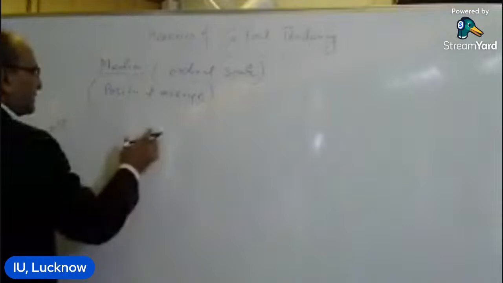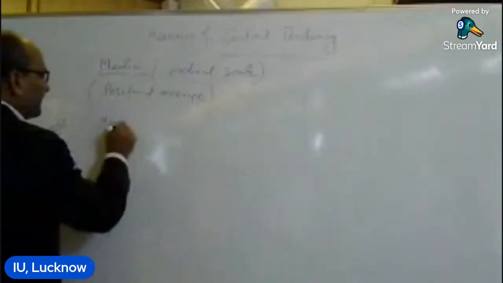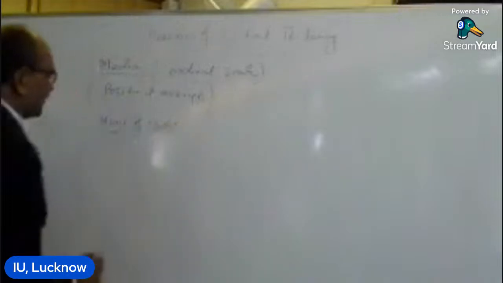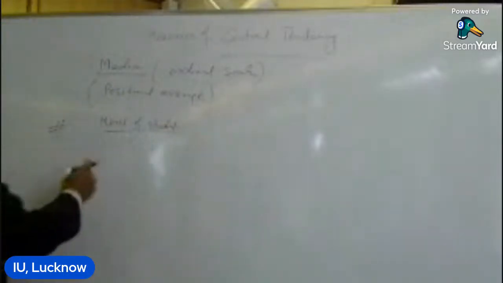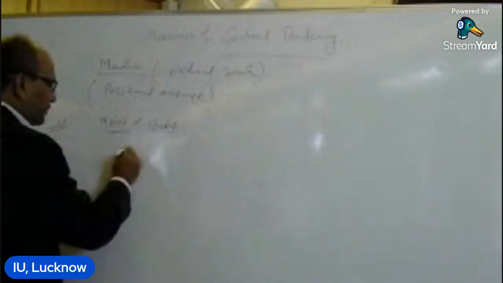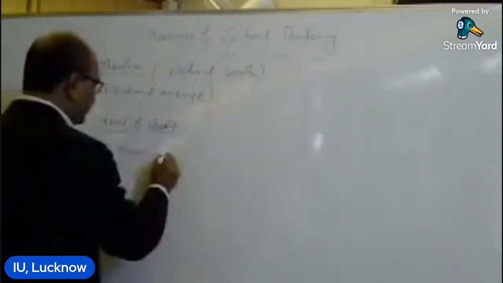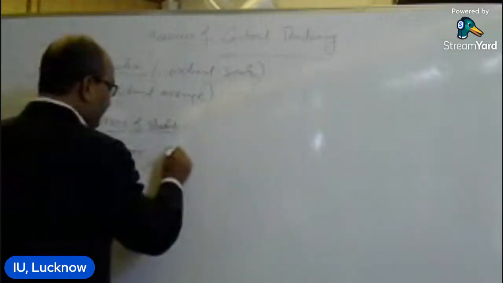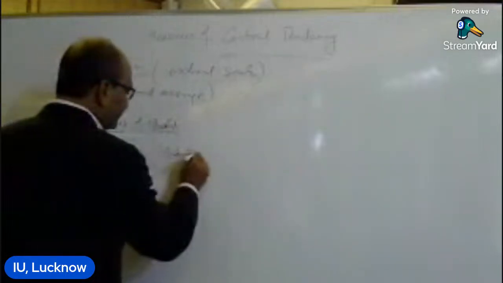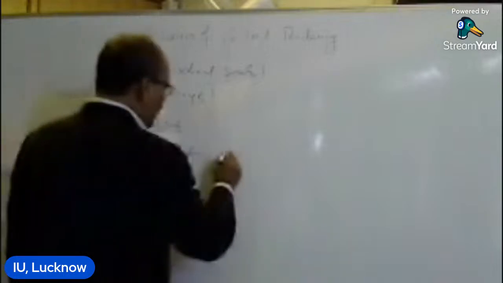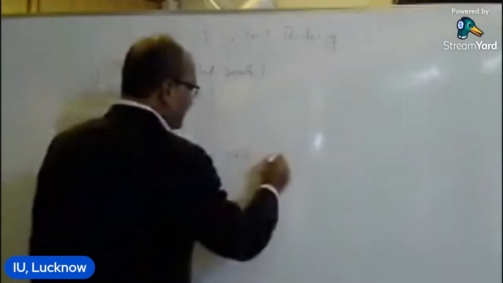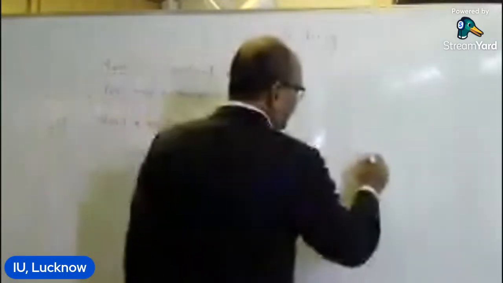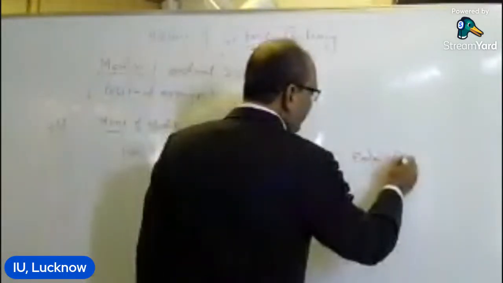Suppose this is the merit of students, and the merit of a student is classified as poor, satisfactory, good, excellent, and extraordinary.